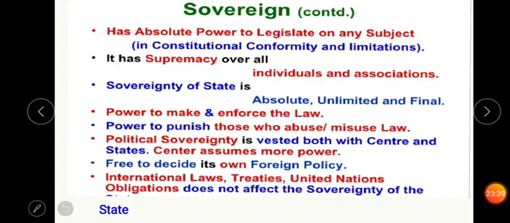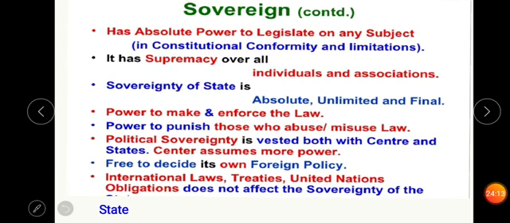it has absolute power to legislate on any subject, with some limitations. It has supremacy over all individuals and associations. Sovereignty of the state is absolute, unlimited, and final. Ultimately India has its own laws, own rules, own regulations.